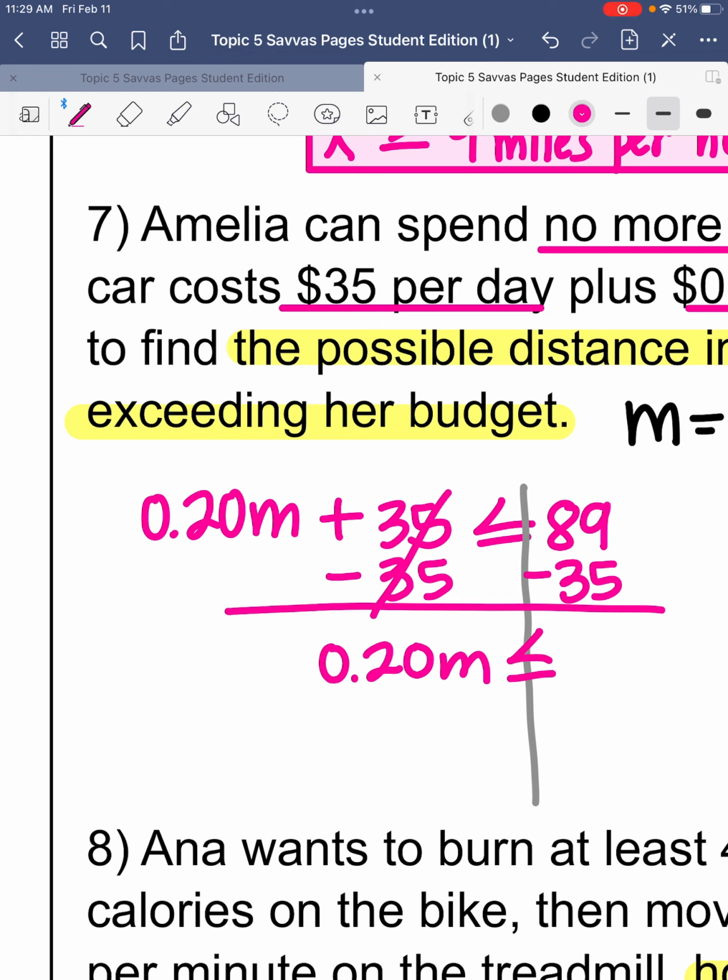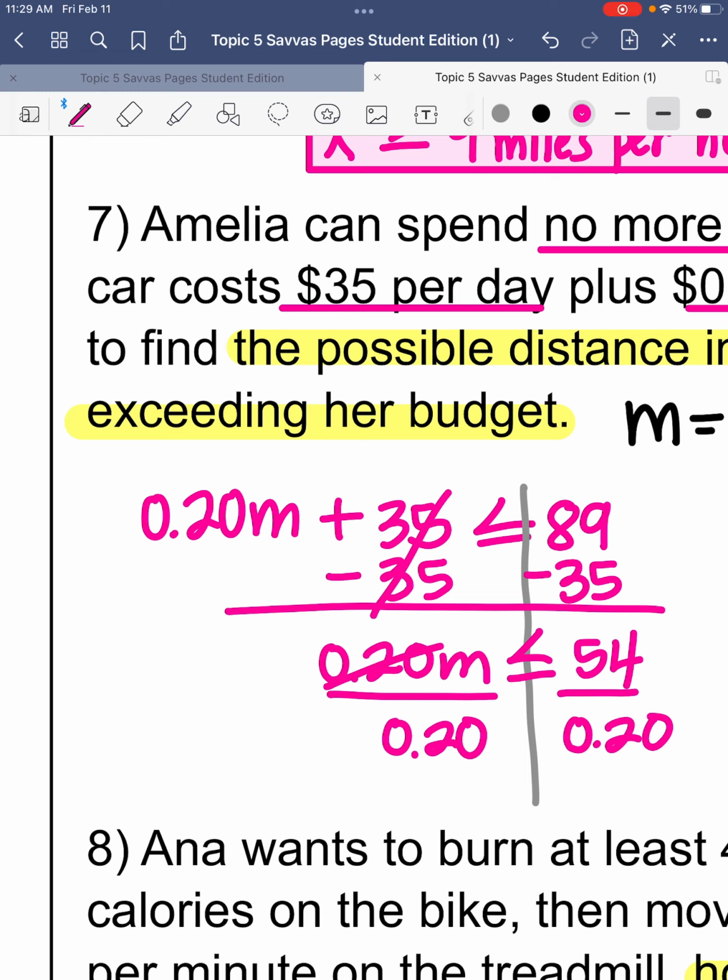And 89 minus 35, if you put that into your calculator, you're going to get 54. Now to get that m by itself, I need to divide by 0.20 on both sides. Now on the side with the m, my 0.20 cancels out and m is by itself. Now right here, I was dividing by a positive number. So does my sign flip? Nope, it stays the same, less than or equal to.